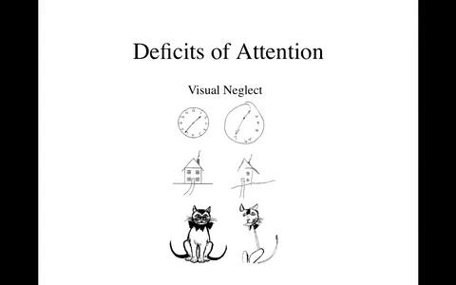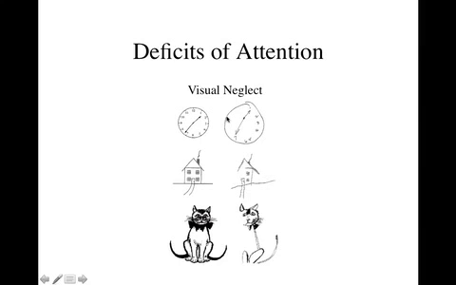And a related kind of syndrome is visual neglect, where attention is allocated to only one visual field, and very often it's the right visual field because it's often due to damage to the right hemisphere, which leads to neglect of the left visual field.